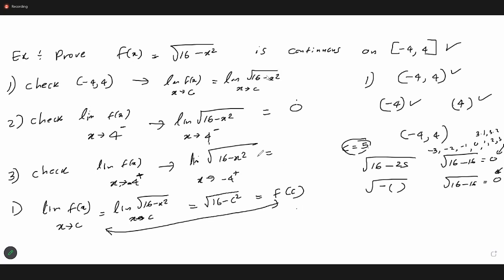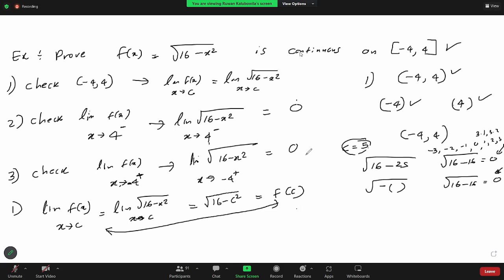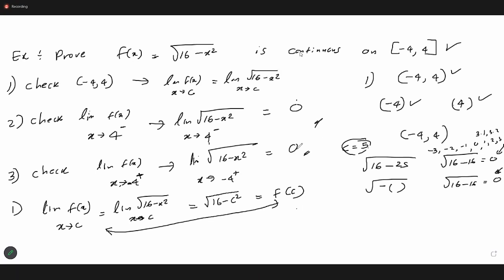So 16 minus 16 is again 0. These two are 0. This is f(4). This is f(minus 4) actually.